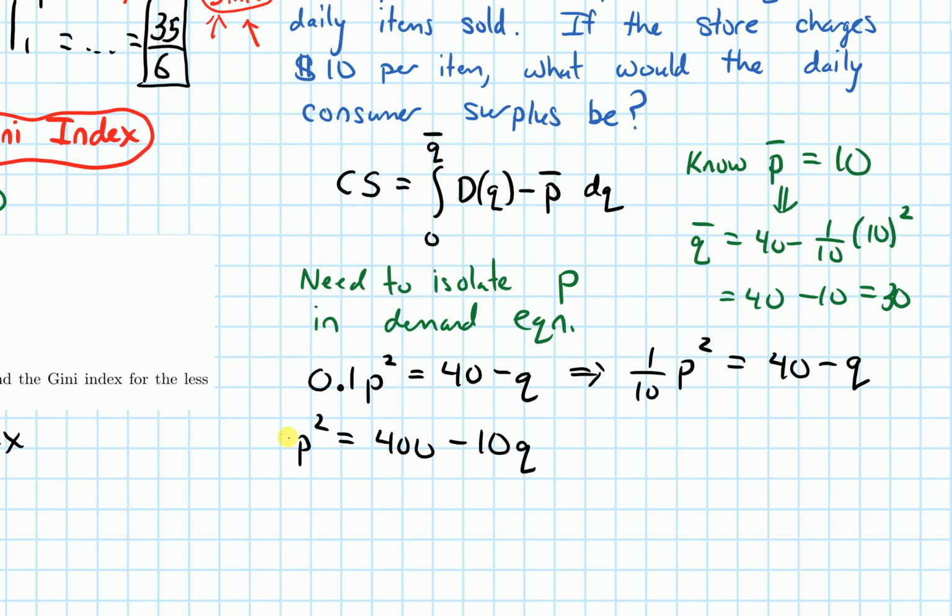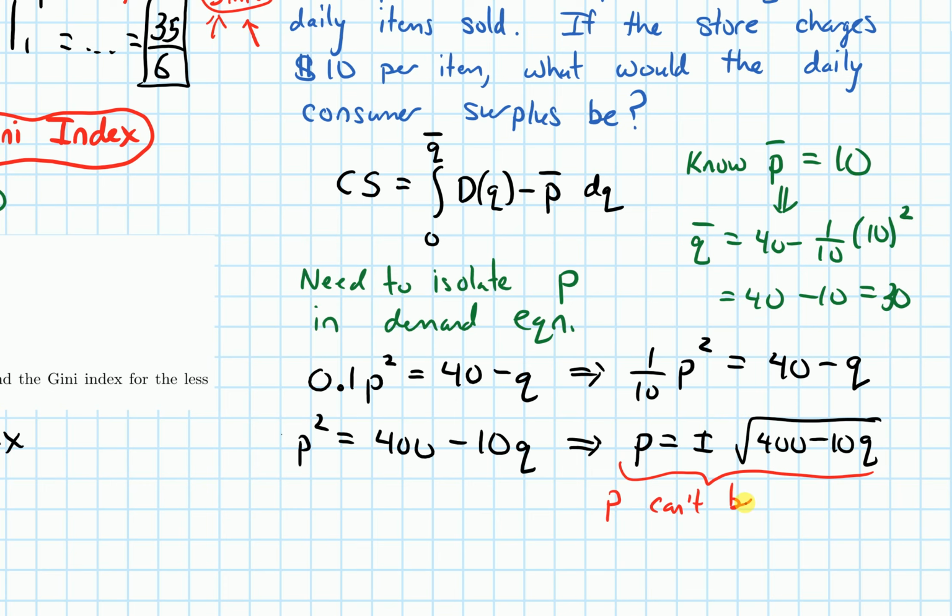And then if I square root both sides, we get P equals, when I square root both sides of an equation, I need a plus or minus square root of 400 minus 10Q. But in my problem, I can't have the negative square root. That actually doesn't make sense, because P is a price, and if I had a negative square root, we'd be saying the price can be a negative value, which doesn't make sense. So P can't be negative.